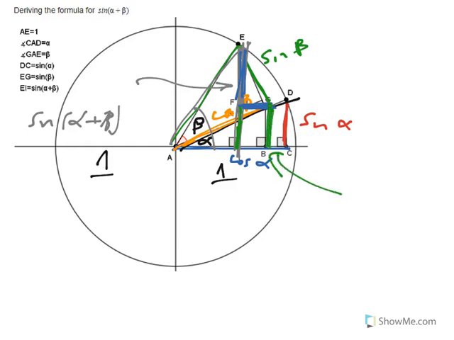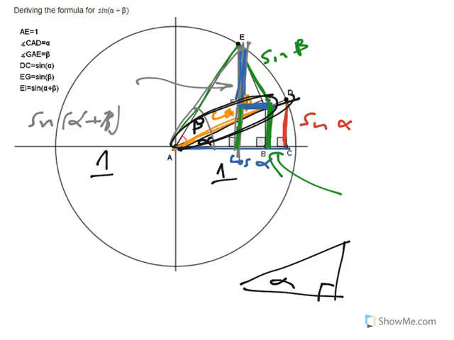Now I'm going to focus first on that green piece. I'm going to take this triangle here with the alpha in it and just move it out for a second. So what do we know about this triangle? Well, the only thing we actually know is the hypotenuse, believe it or not. The hypotenuse is this yellow line. So the base of this top triangle here is also the hypotenuse of this other one, so I have cosine beta over there.